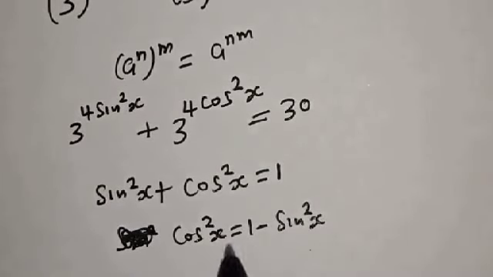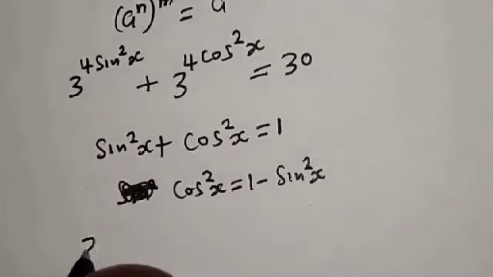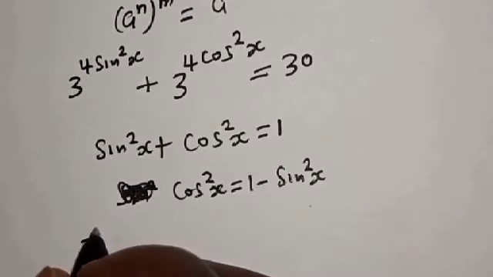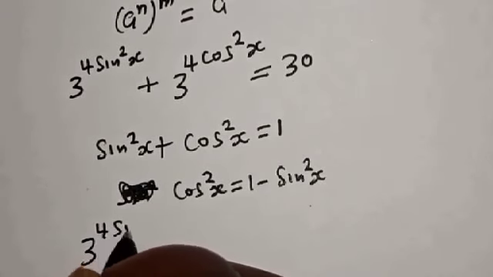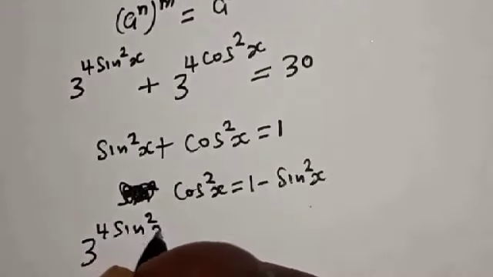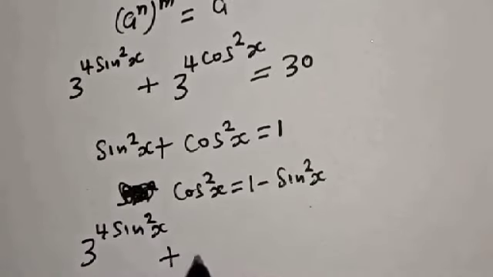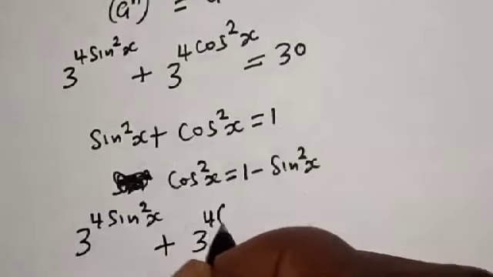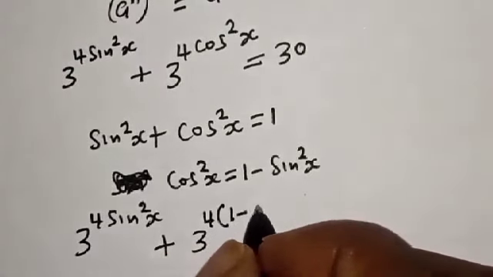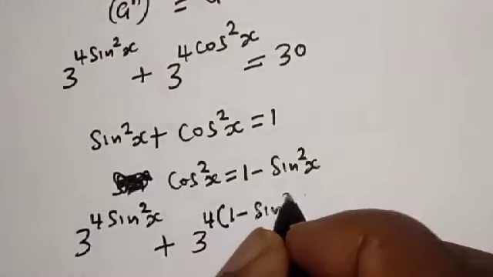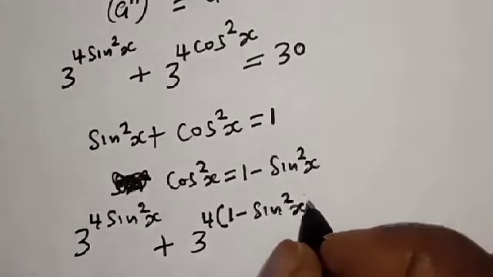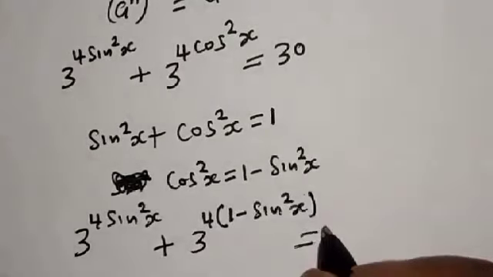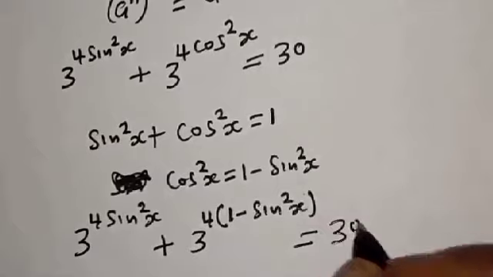Now let's replace this. 3 raised to power 4 sine square x plus 3 raised to power 4 multiplied by 1 minus sine square x is equal to 30.